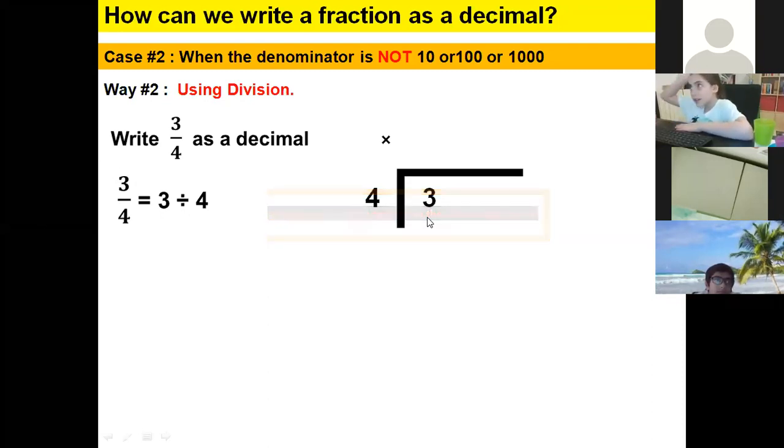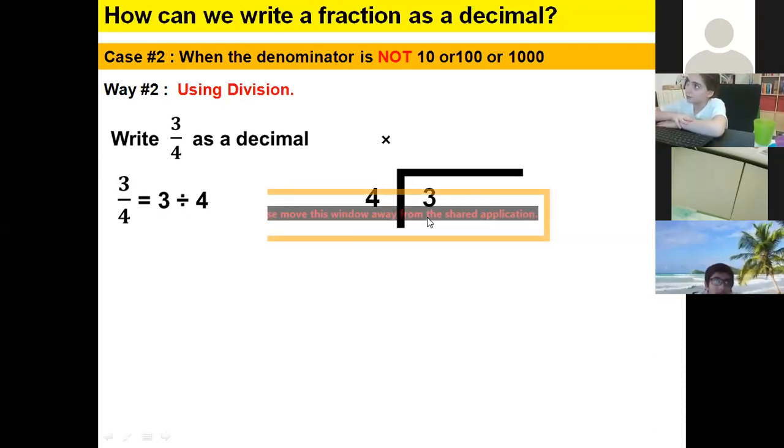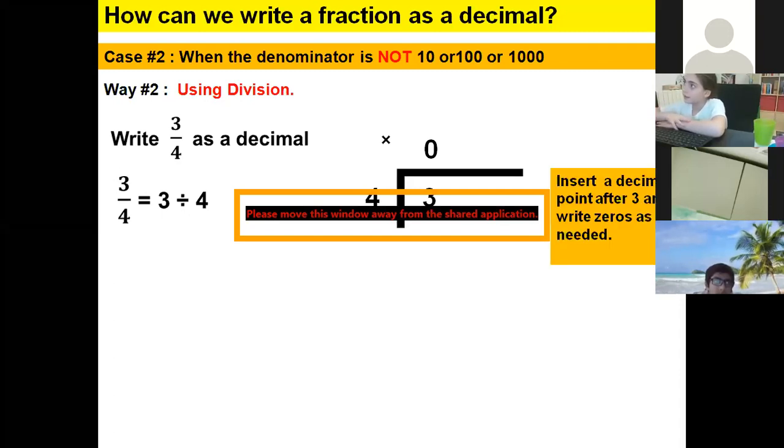Okay. First thing, we add a 0 above because there are no 4s in the 3. Excellent. And then we add a decimal point. Excellent, because we need to continue. Look, so we insert the point after the 3 and put that point up.